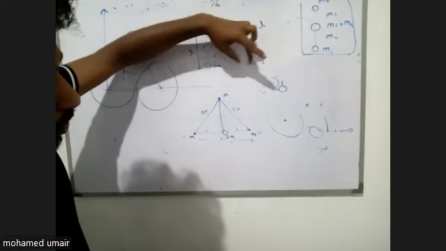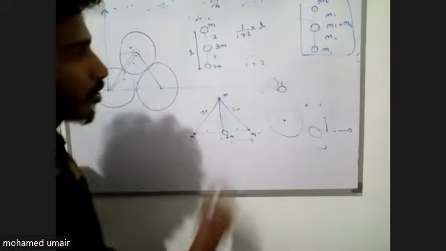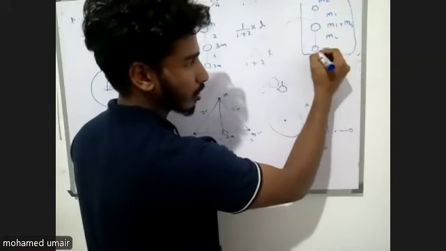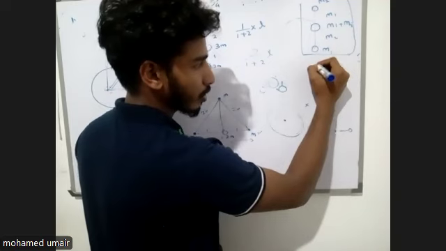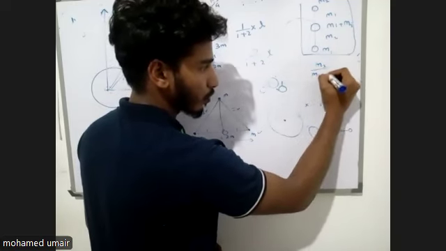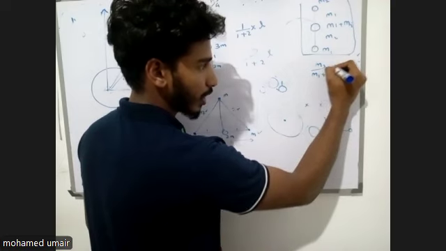So it is 2 over 1 plus 2 times the entire length L. So you can note it down here. Location of the center of mass from m1 is m2 over m1 plus m2 times the length L.